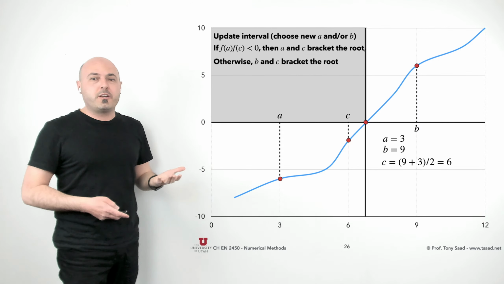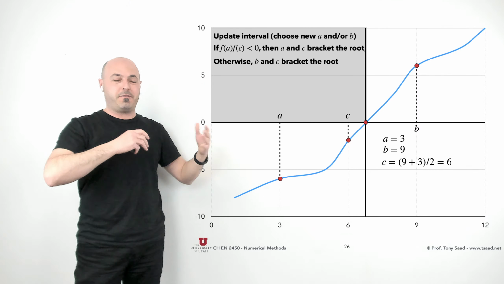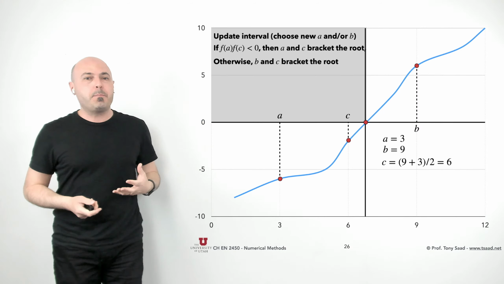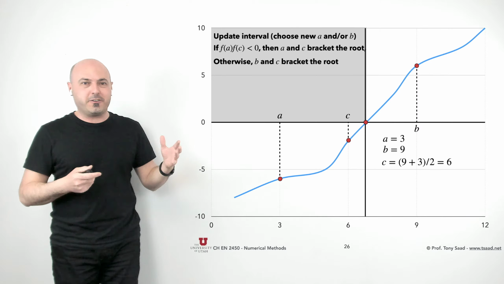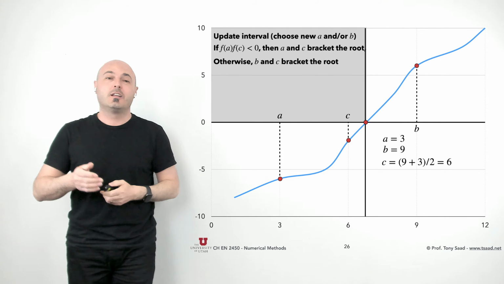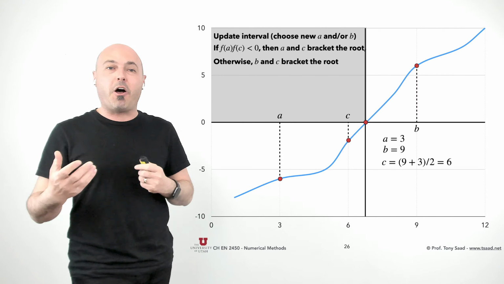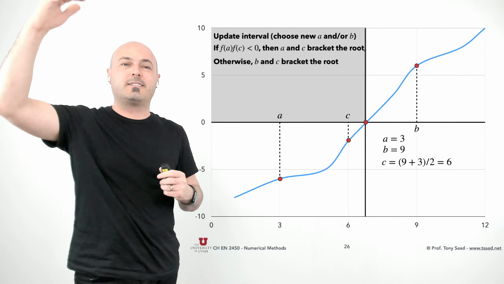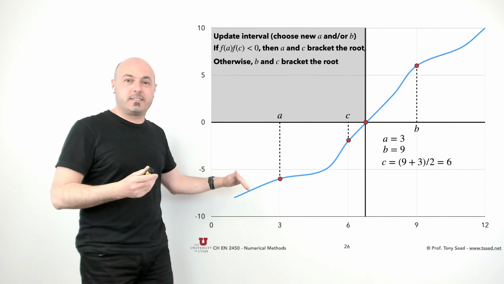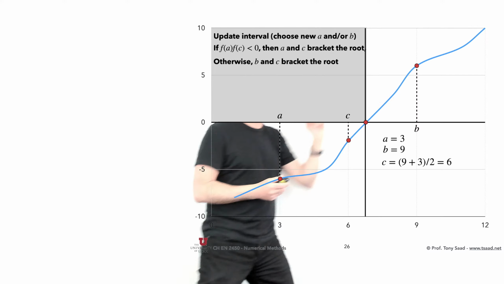And the way to know if you bracket a root or not is to simply evaluate the function at all of those points and see the sign of the function. So remember that a function changes sign as it crosses the x-axis. In this case, this function is negative to the left of the root, and it's positive to the right of the root.